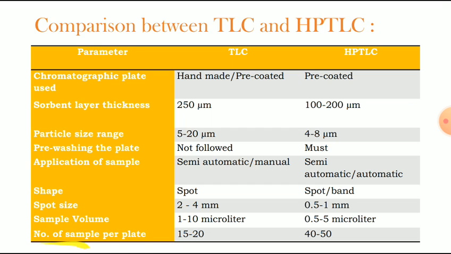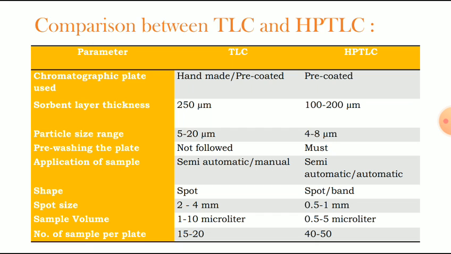Number of samples per plate, that means how many samples we can spot on each plate. In TLC we can spot 15 to 20 samples, but in HPTLC we can use 40 to 50 samples on a single plate. These are the difference points between TLC and HPTLC.